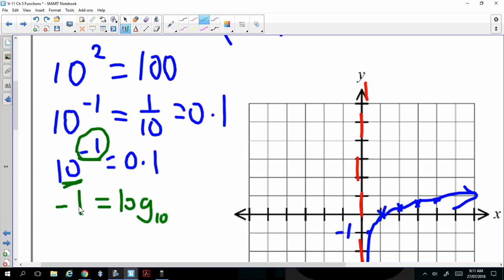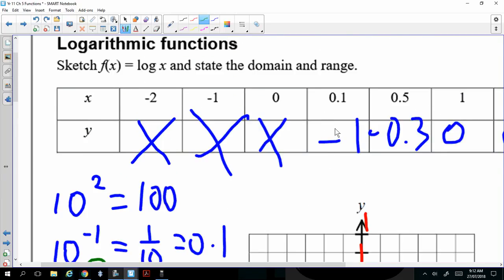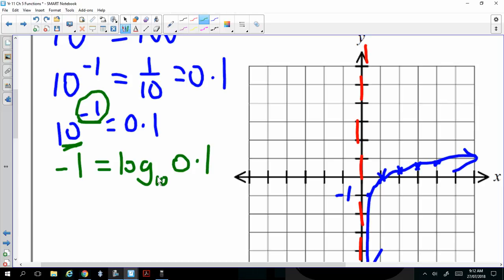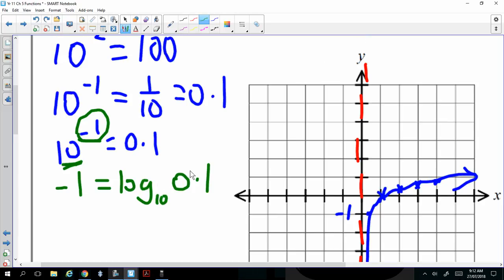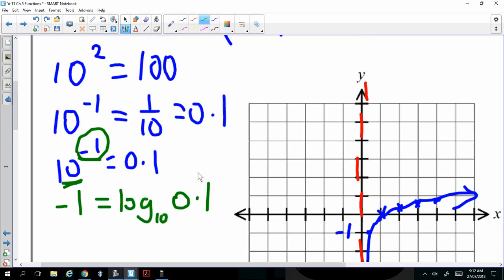Now, that's why log of 0.1 is -1, because 10 to the power of -1 becomes 0.1. So the log button on your calculator means log base 10.